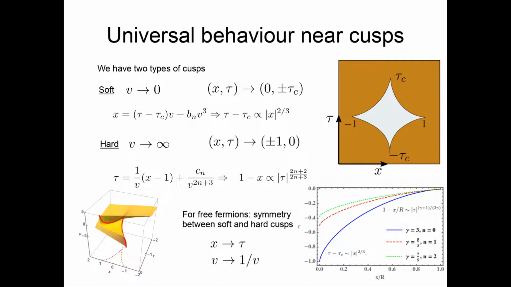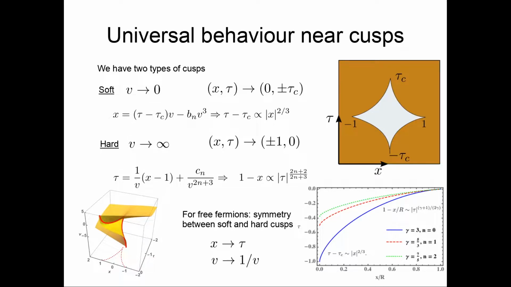And this is really independent of the equation of state. The reason for that is that in this case the density of particles is very small, and therefore one can rely on some kind of local free fermionic picture.